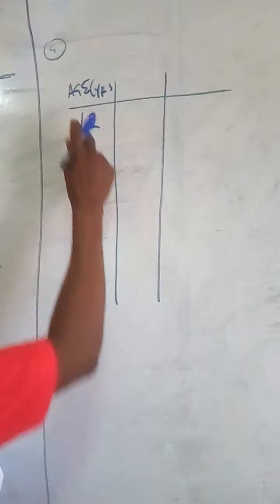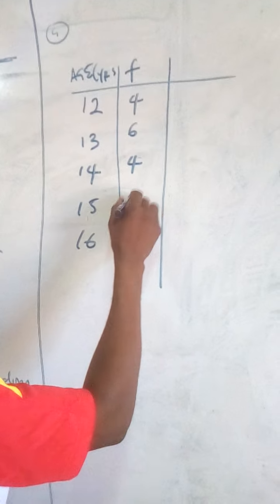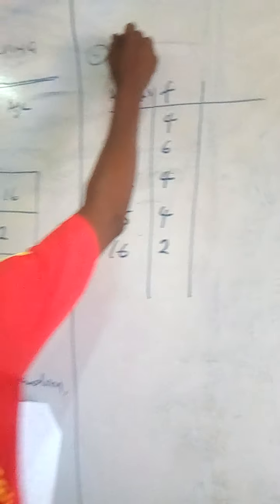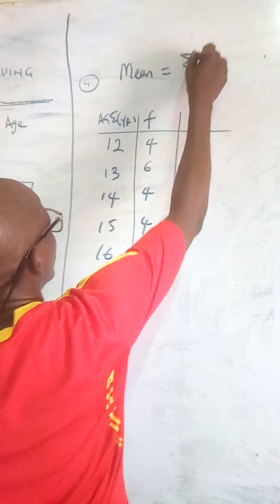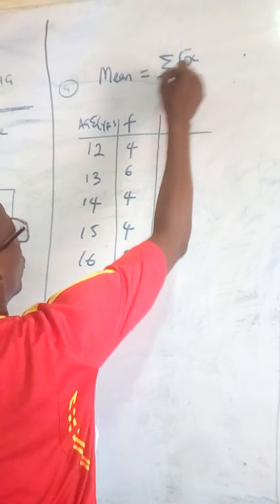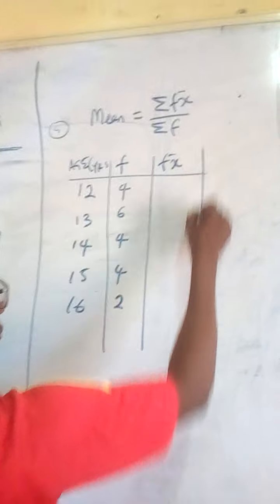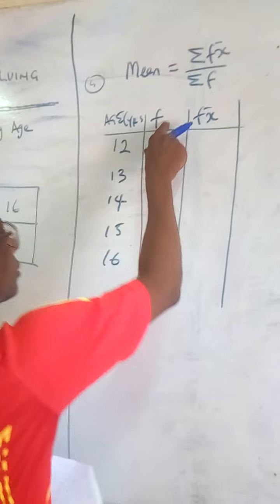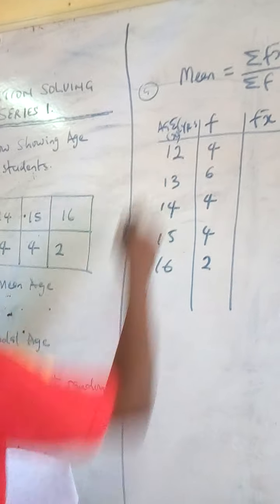And the number of students for each age, which is the frequency: 4, 6, 4, 4, 2. The formula for mean, like we all know, is summation fx all over summation f. That informs us that we are going to have fx, which means the frequency times the data. In this case, our age is the x.